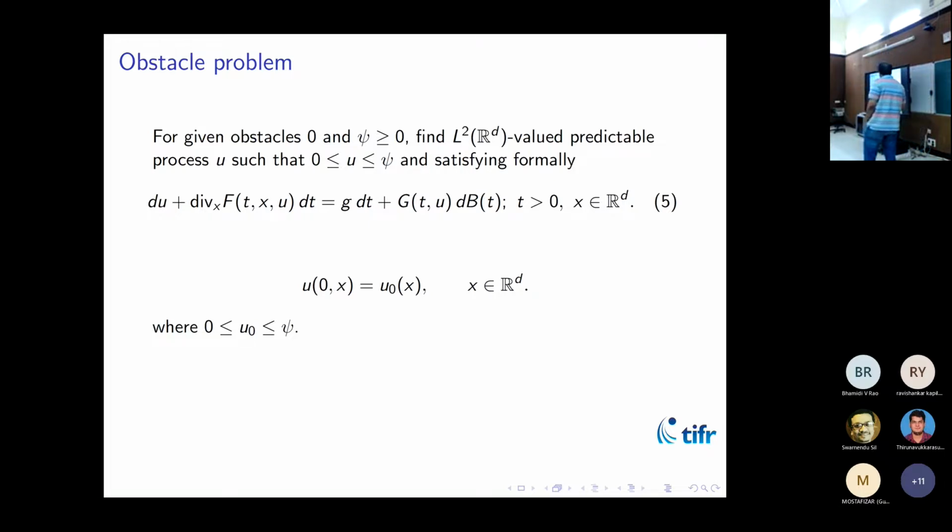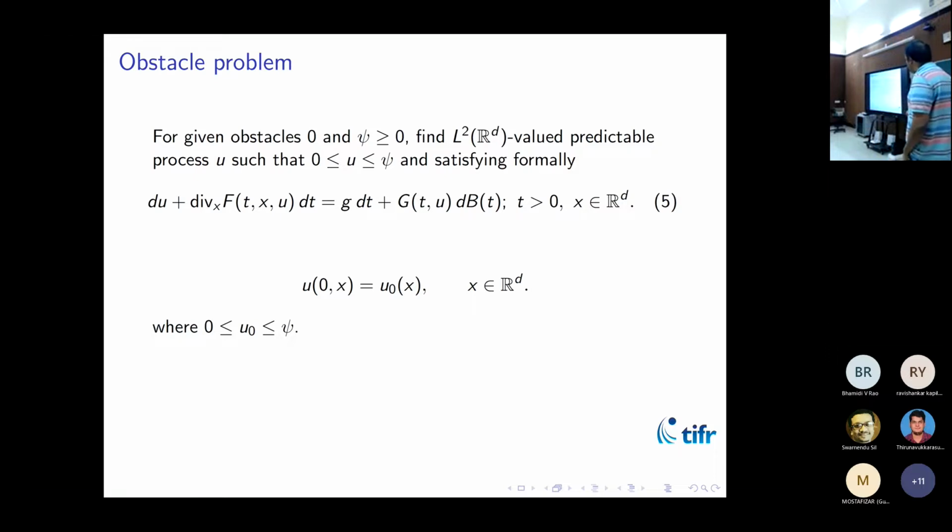Without this obstacle, this would be a plain and simple stochastic conservation law, and then you can think of getting a solution. So when you write this obstacle, it really means the solution will be inside this and will formally satisfy this equation.